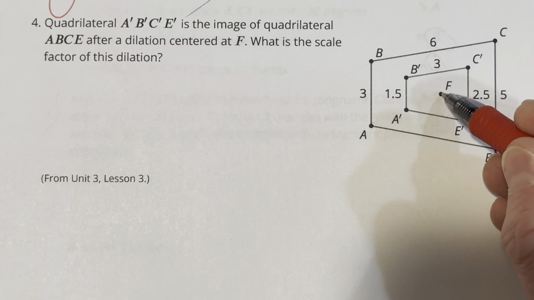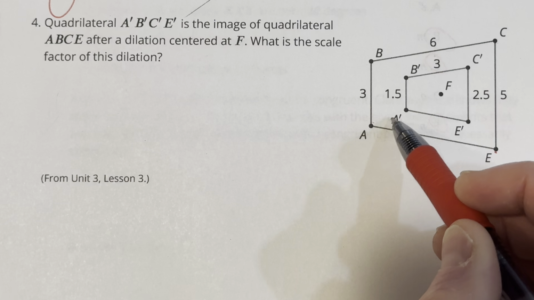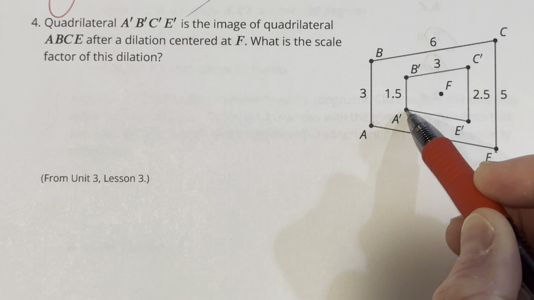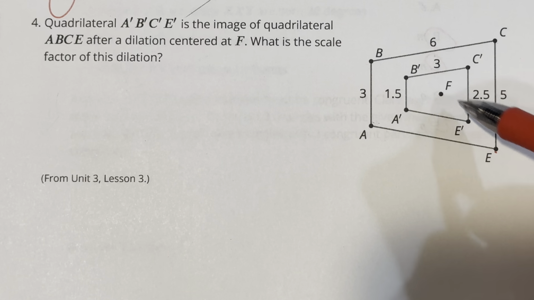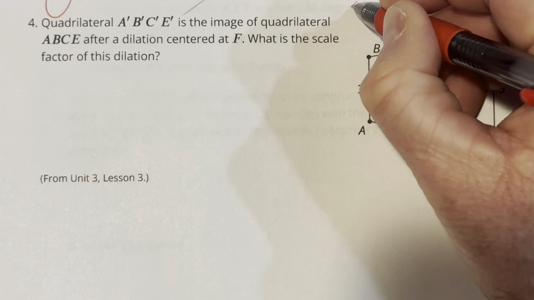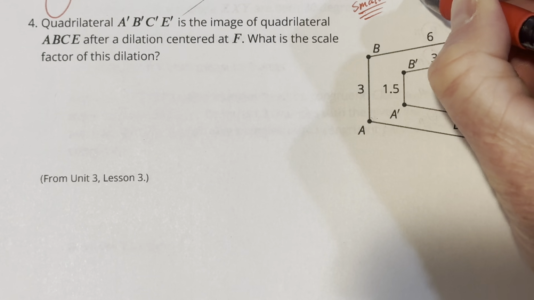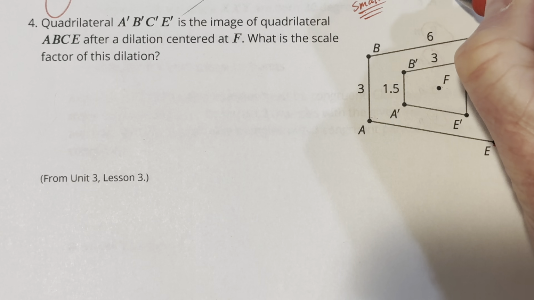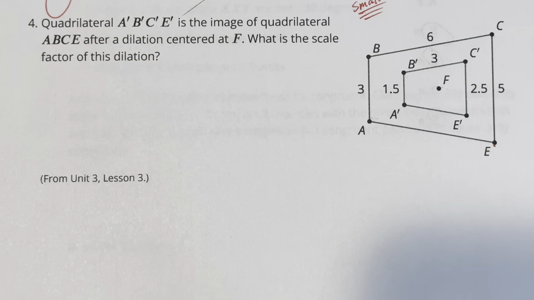After a dilation centered at F. So we're going from FA down to FA prime, FC down to FC prime, FE down to FE prime, FB down to FB prime. So I know it's getting smaller, which means that the scale factor is less than 1. So I know that automatically, right?